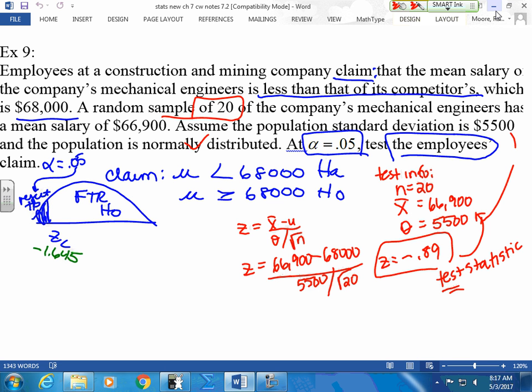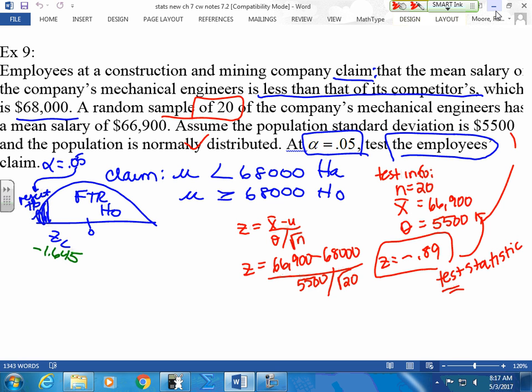Now, here's the beauty of this. We look at this number line. Zero's in the middle. Does negative 0.89 fall to the left of negative 1.645 or to the right of negative 1.645? To the right.